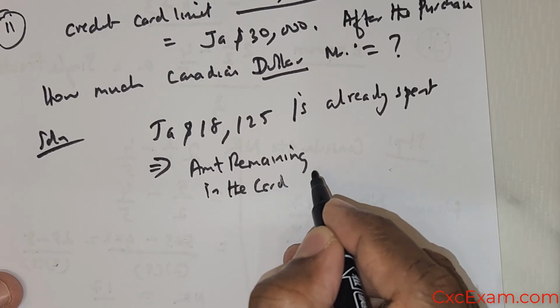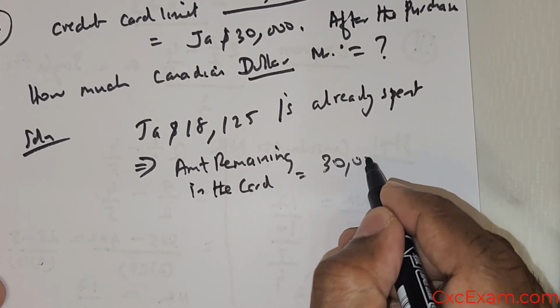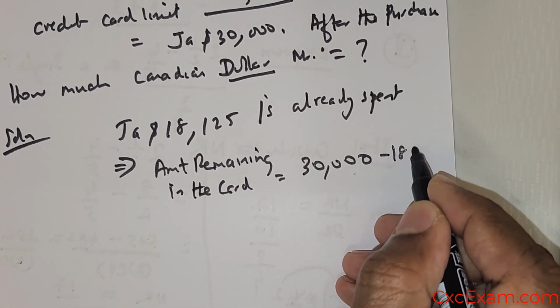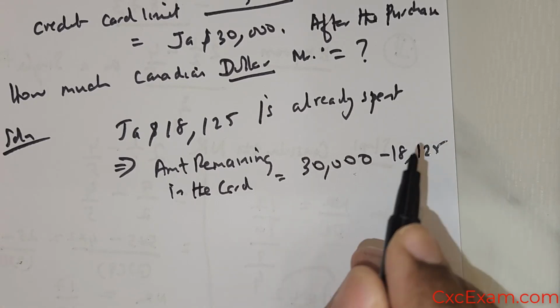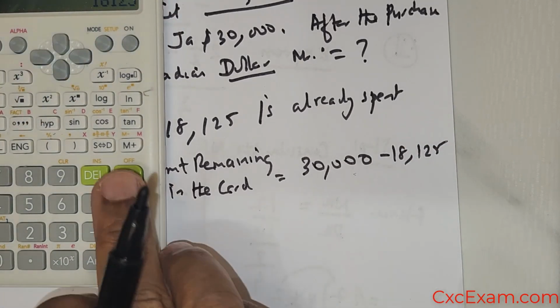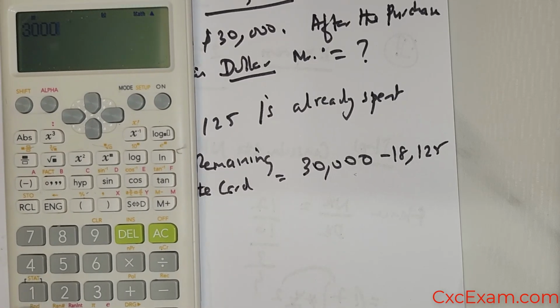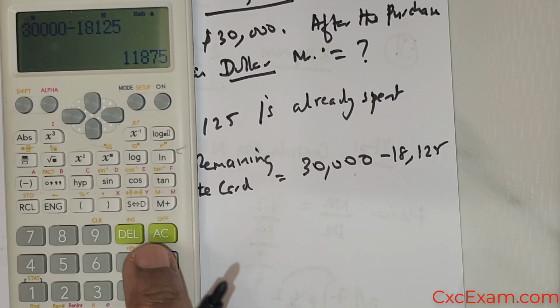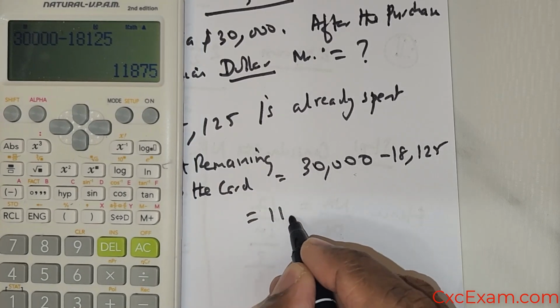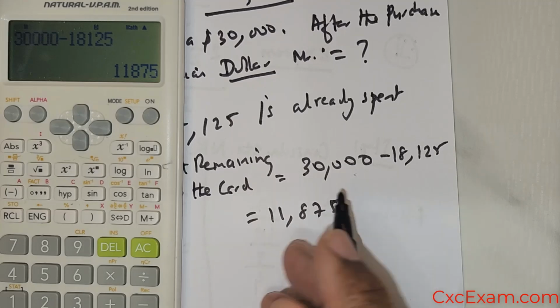What is the amount remaining in the card? 30,000 is a ceiling. So from 30,000 you take away 18,125. So what do you get? You get 11,875. This is Jamaican dollar.